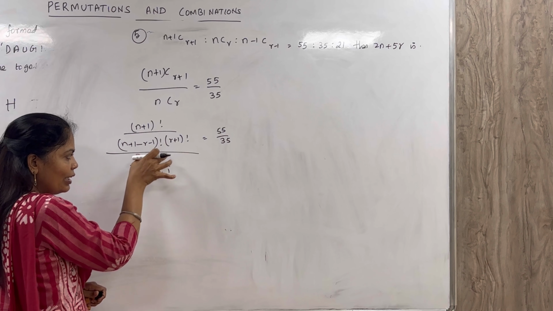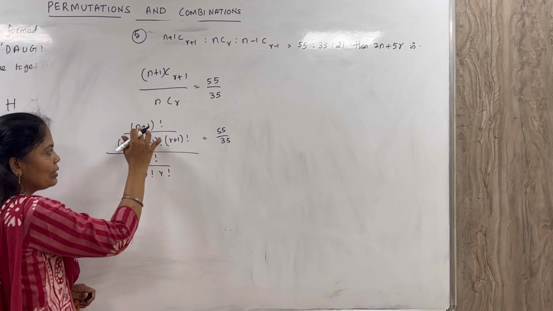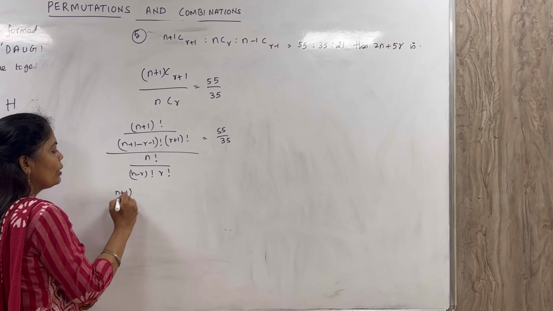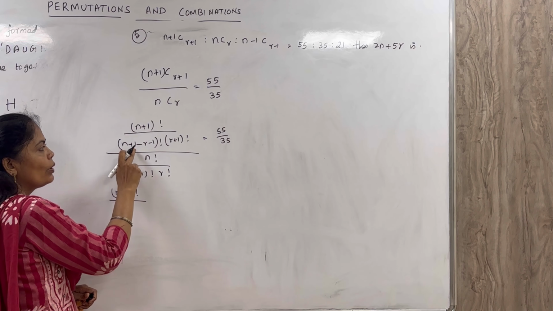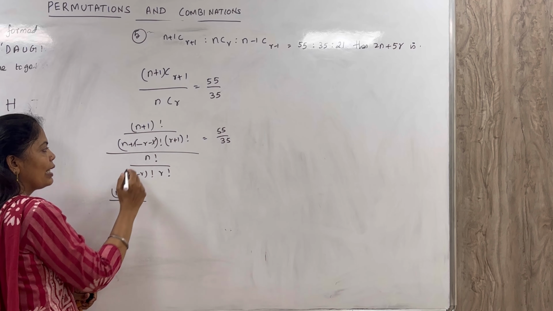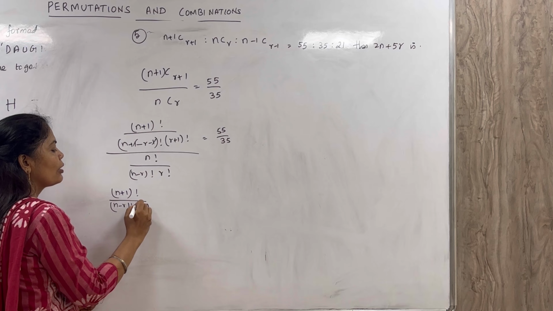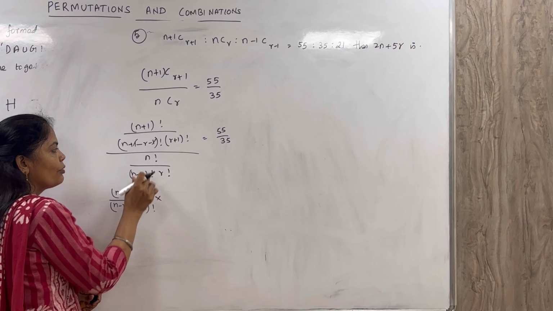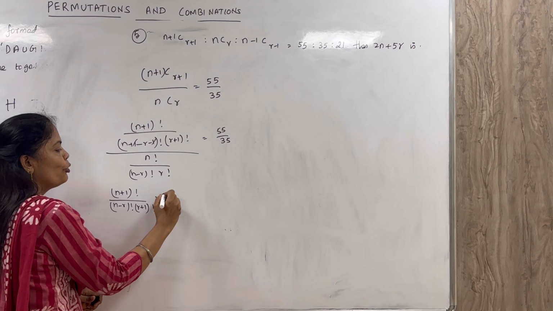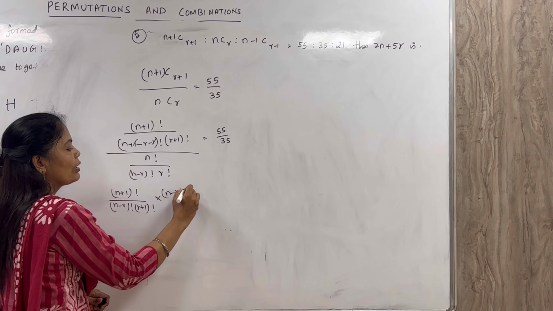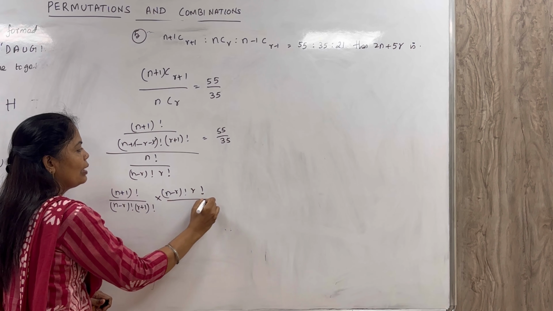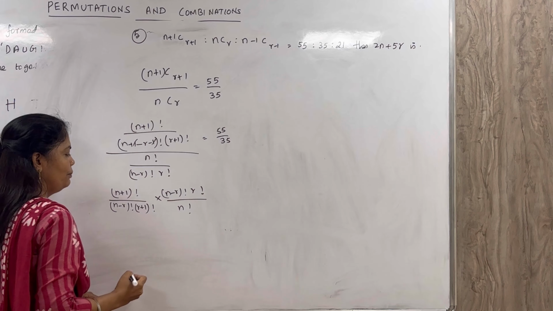Now one fraction down, another fraction. First simplify this term: (n+1) factorial divided by (n-r) factorial into (r+1) factorial, since plus 1 minus 1 will get cancelled. So fraction down one fraction, this I am taking to the numerator: (n-r) factorial into r factorial divided by n factorial.